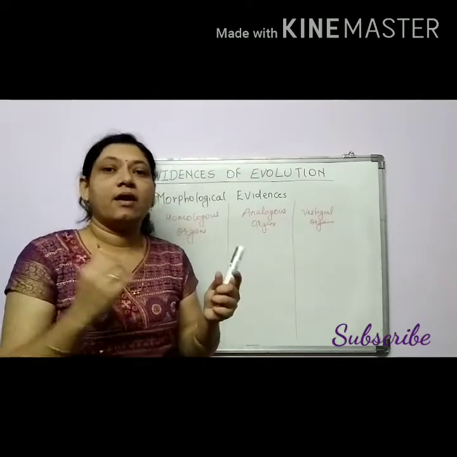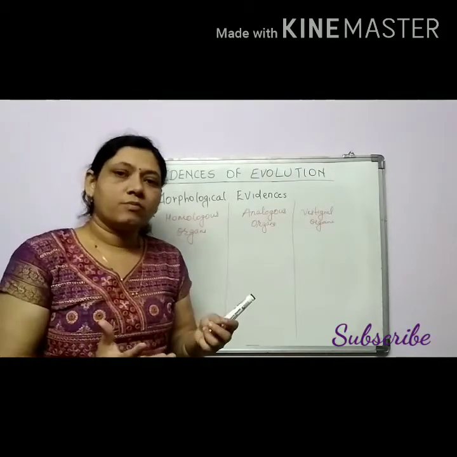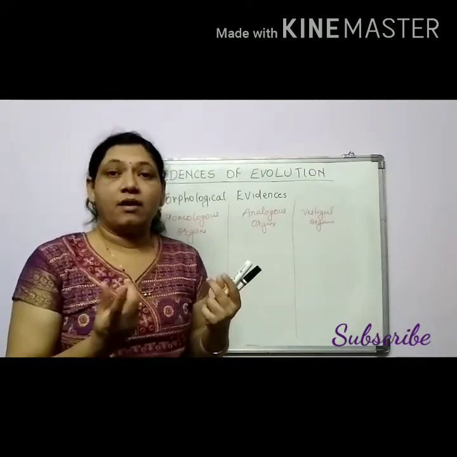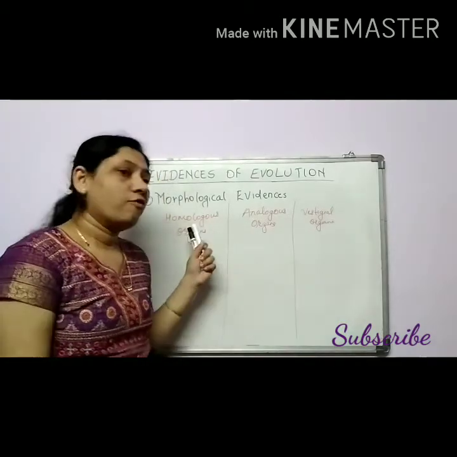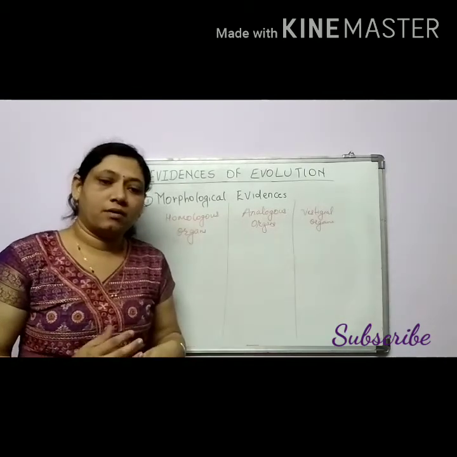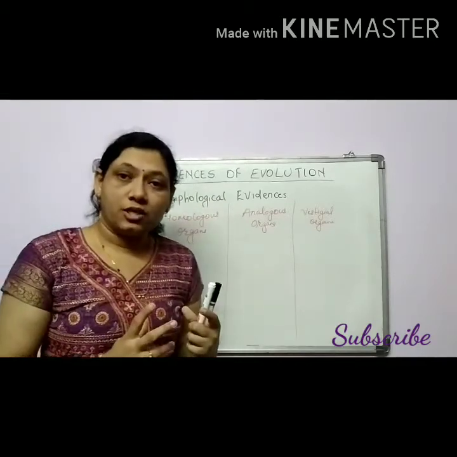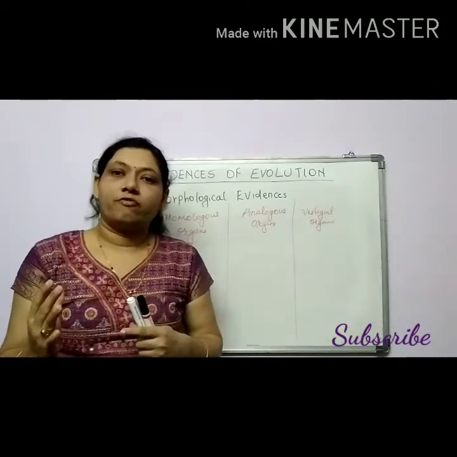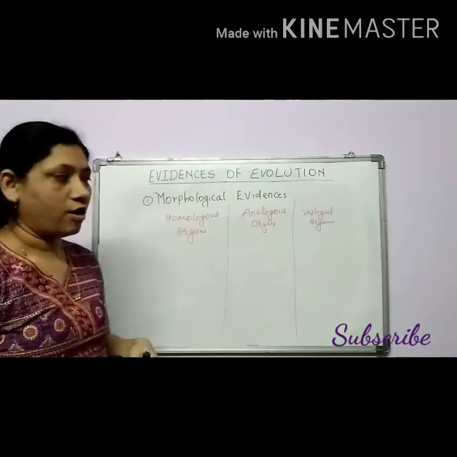We can observe their legs, their wings, their beak, and many such external organs. We can then understand that their structure, their size, their shape are the same, but they perform different functions. That is known as homologous organs.